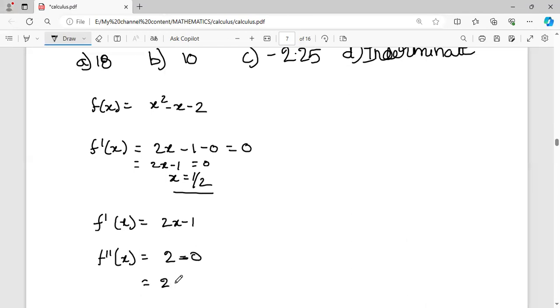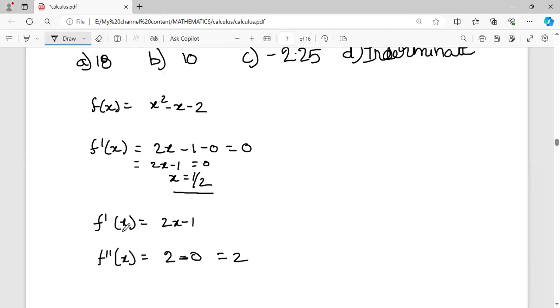So f double dash of x is 2, which is greater than 0.